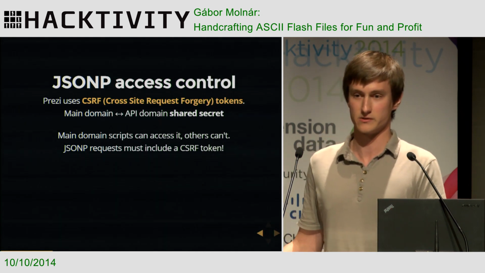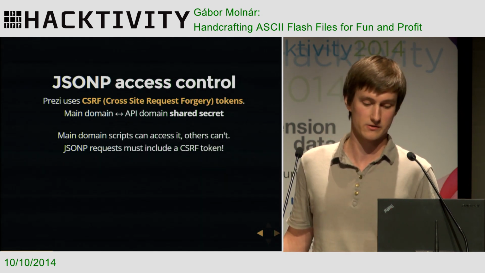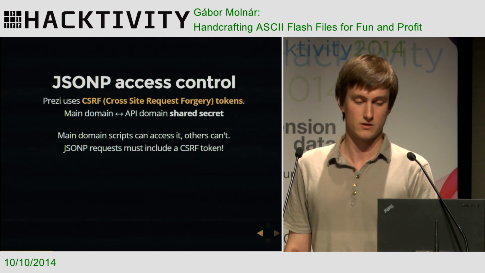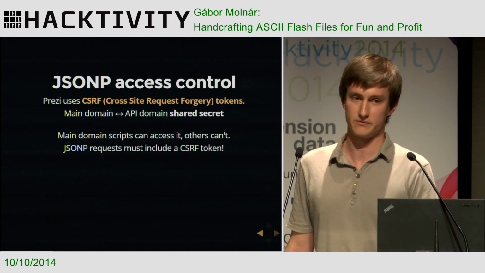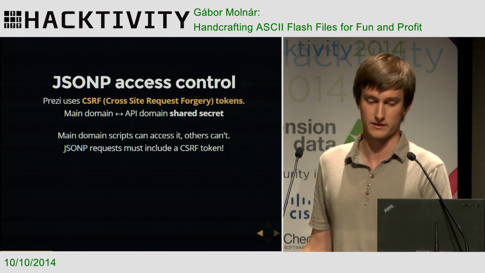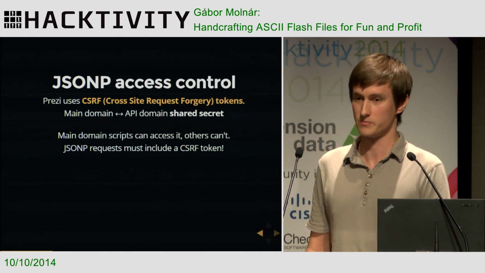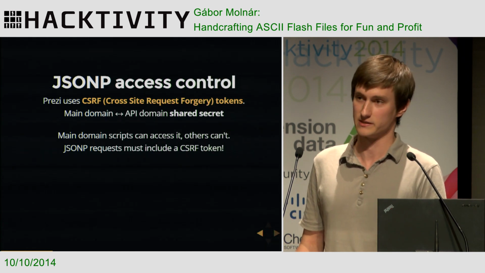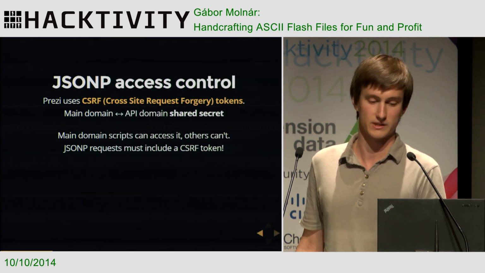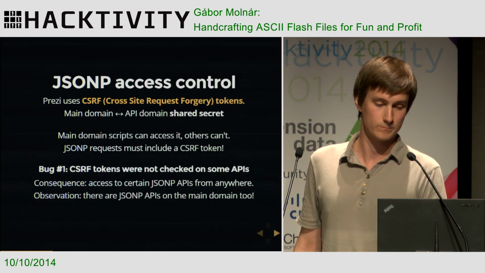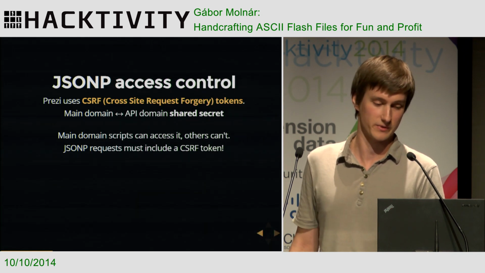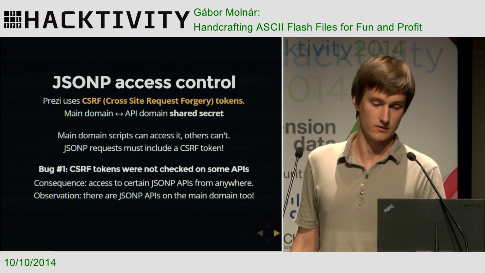The CSRF token is a shared secret between the main domain and the API domain. And when the web app running on the web domain issues a query, the API always checks whether the CSRF token actually is appropriate.